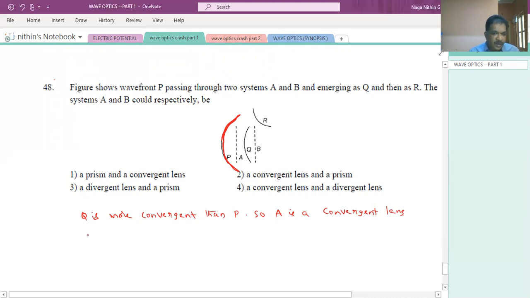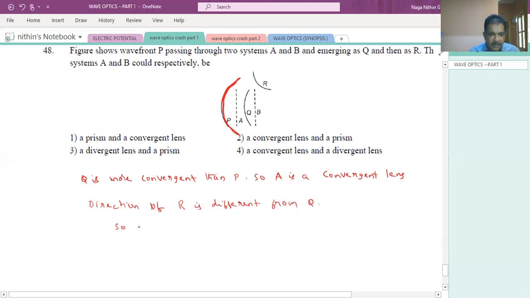Next, the direction of R is different from Q. So B is a prism. One will be a convergent lens, another one will be a prism.